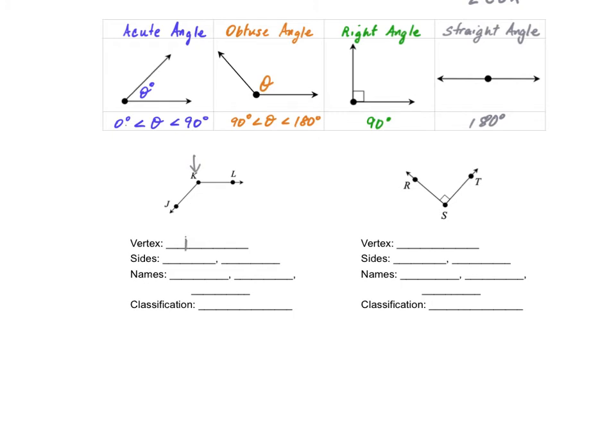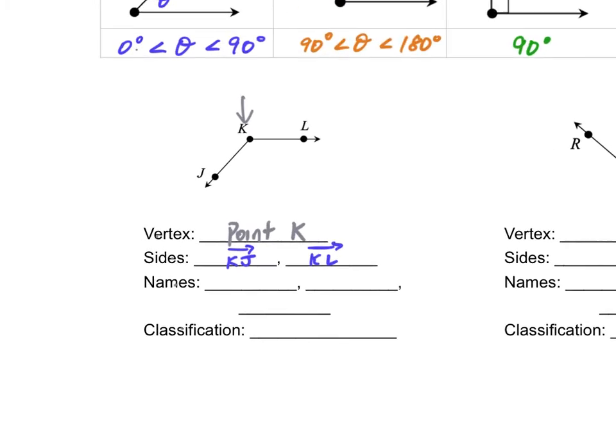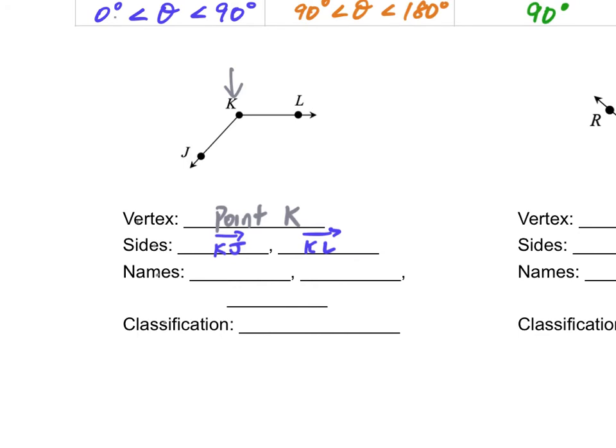So my vertex is going to be point K. When I am talking about the sides, I have two rays. They start at point K and continue through J, or start at point K and continue through L. So those are my sides, from K that way, from K this way.